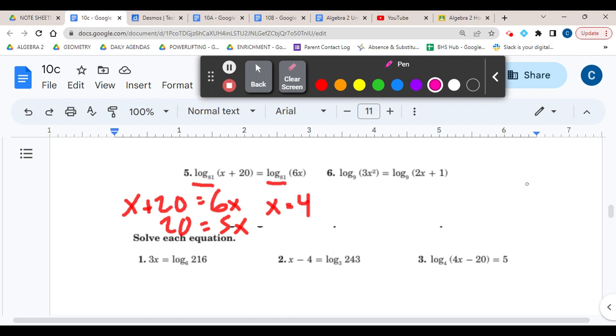Same kind of setup over here: log base 9 of 3x squared equals log base 9 of 2x plus 1. So we'll have 3x squared is equal to 2x plus 1.